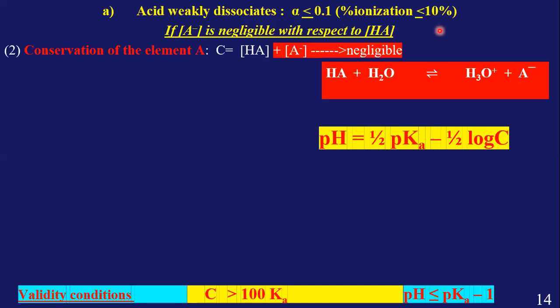It doesn't ionize much, which is the majority of weak acids, by the way. In that case, let's look at the conservation of the elements. If A- is negligible relative to HA, that means HA is simply C.